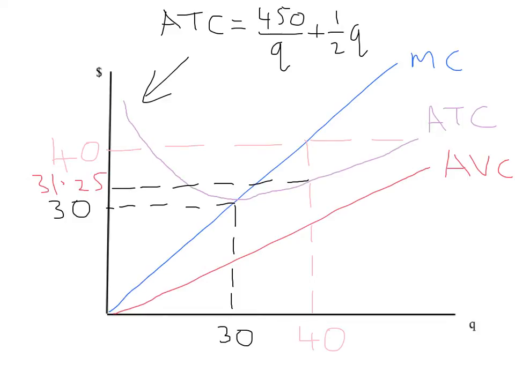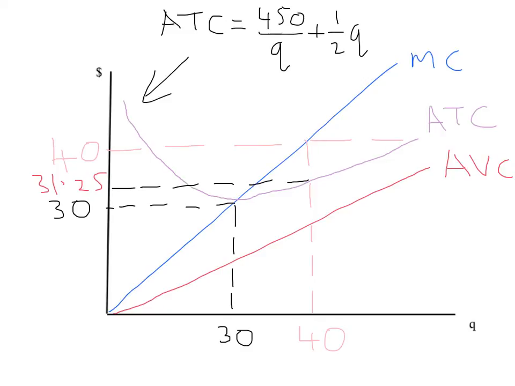So, we know that this firm is profitable because the price is above average total cost at the profit maximising output. So this firm clearly doesn't want to shut down. It satisfies our rule for continuing operation in both the short run and in the long run because price is above the average total cost curve. The price lies above the minimum of average total cost and lies above the average total cost when the firm is profit maximising.